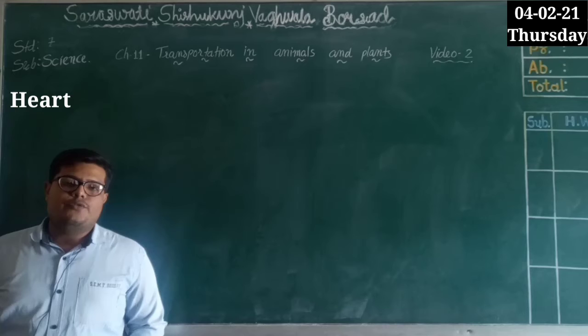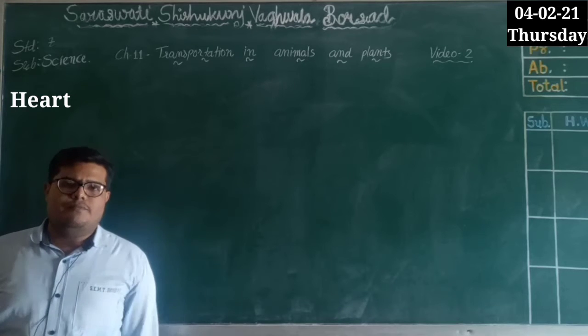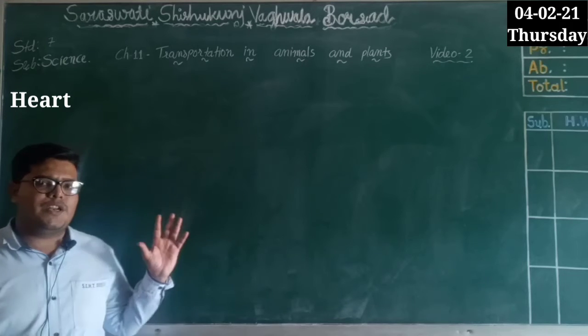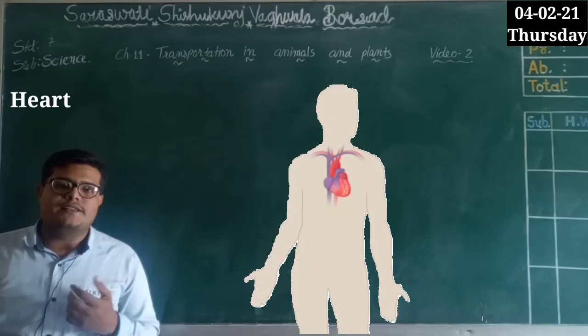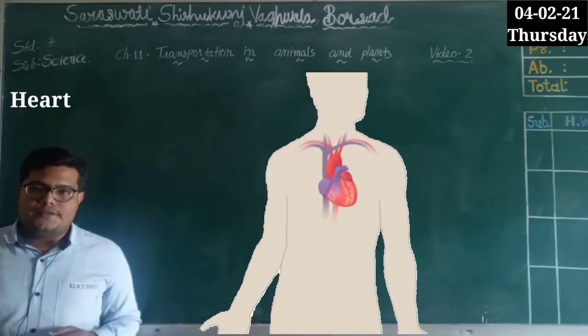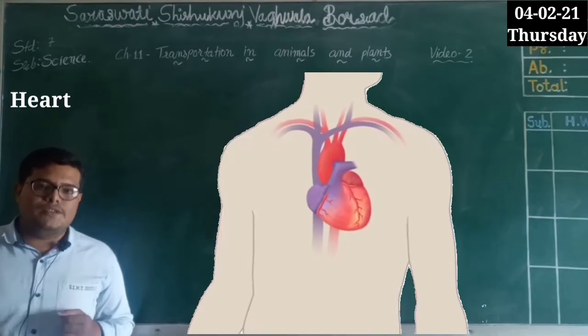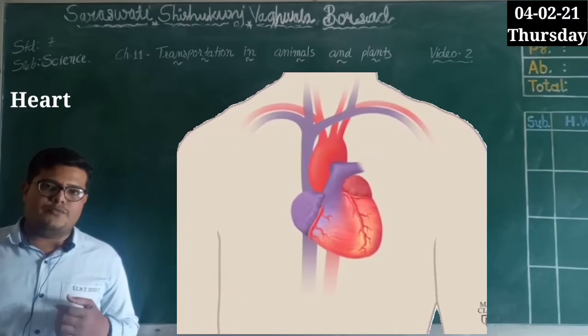So today we are going to talk about an inseparable part. Without that part, we cannot think about transportation, and that is the heart. The heart is a muscular organ, that you are studying from 3rd or 4th standard.